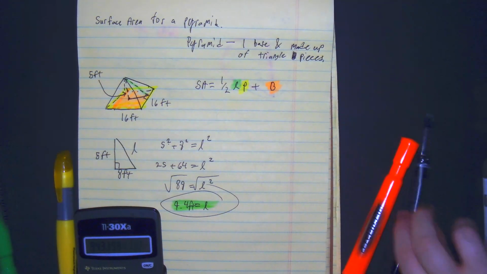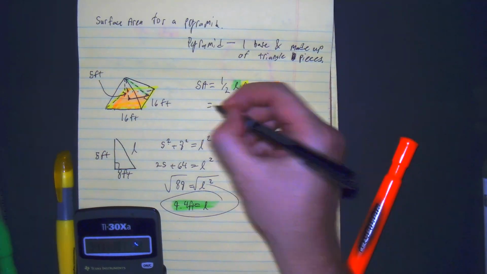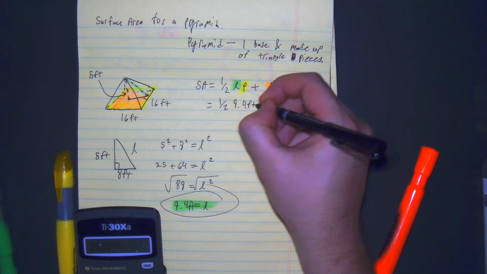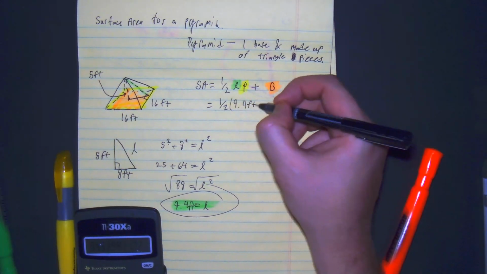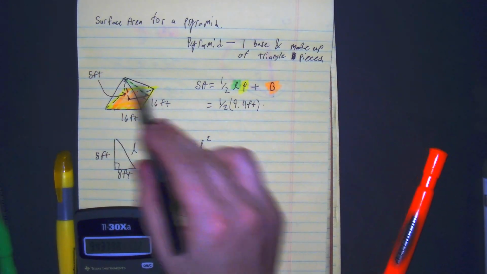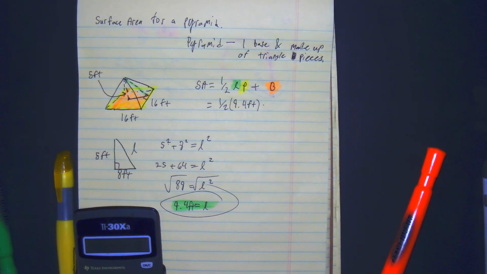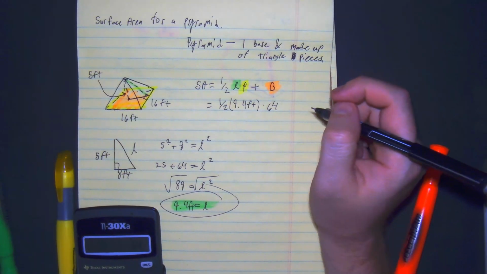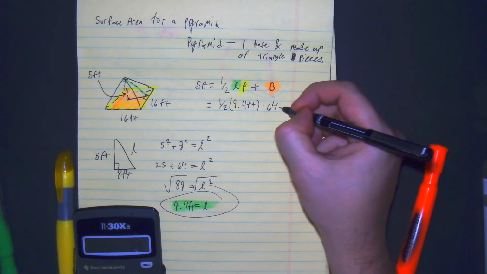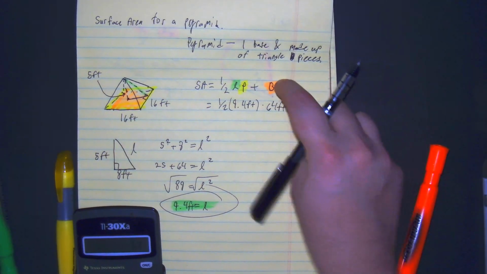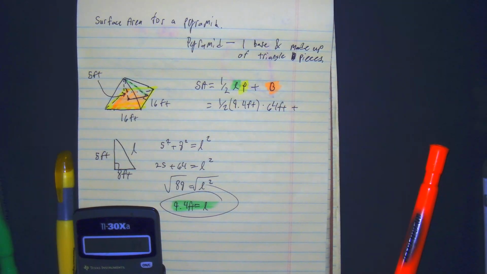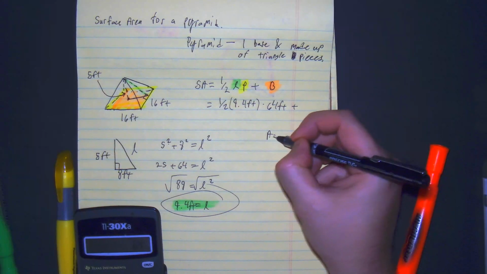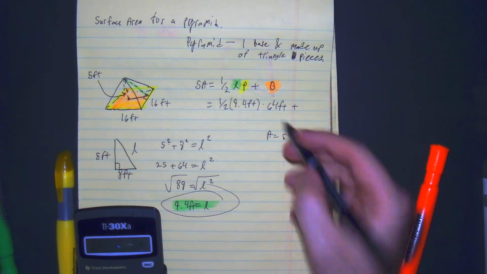So now that we have the slant height, it's pretty self-explanatory now. So we'll start filling this equation out. So we have 1/2 the slant height, 9.4 feet, times the perimeter of it, so 16 times 4, which would be 64 feet, plus the base. Well, the base is a square, so since it's a square pyramid, the area of a square is equal to s squared.